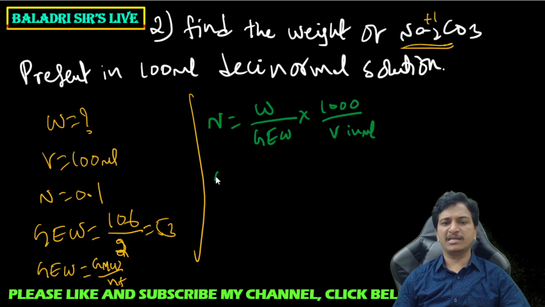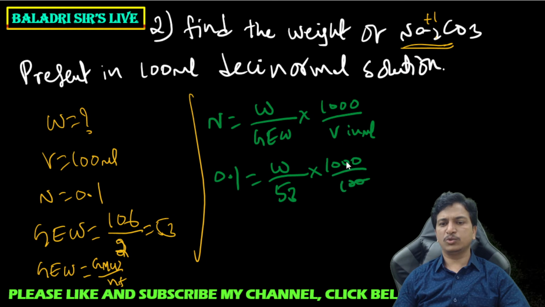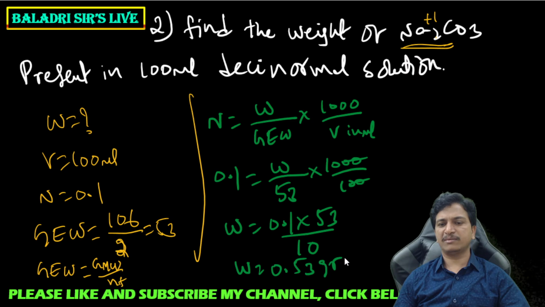Normality is already given as 0.1, and the weight of the substance we need to find. Equivalent weight is 53, into 1000 by 100. 2 zeros get cancelled. So W is equal to 0.1 into 53 by 10. So W, the weight of the substance, will be 0.53 grams. Is it clear to you all?